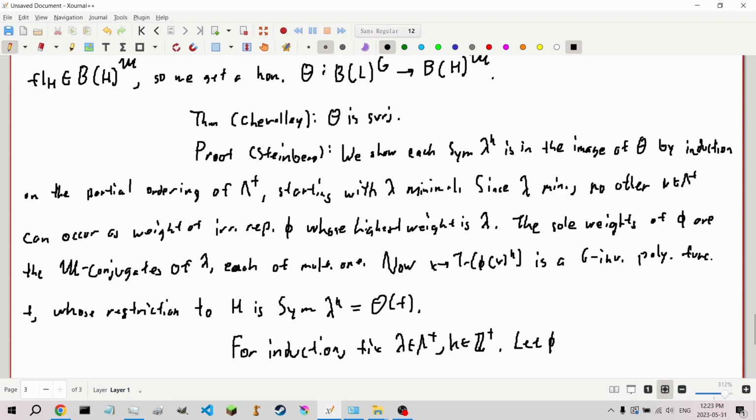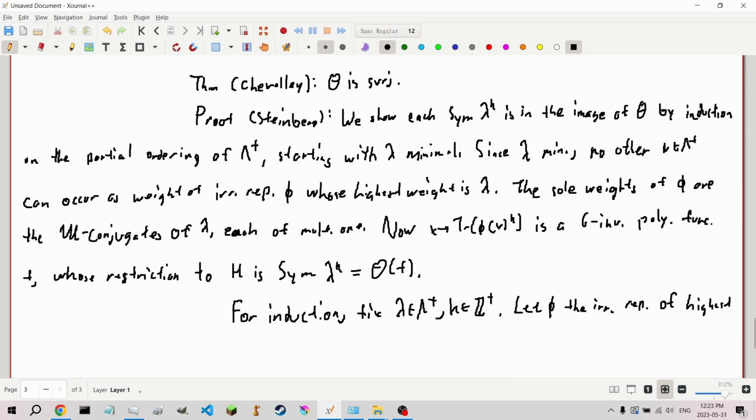Let phi denote the irreducible representation of highest weight lambda, and f be the function sending x to the trace of phi of x to the k.